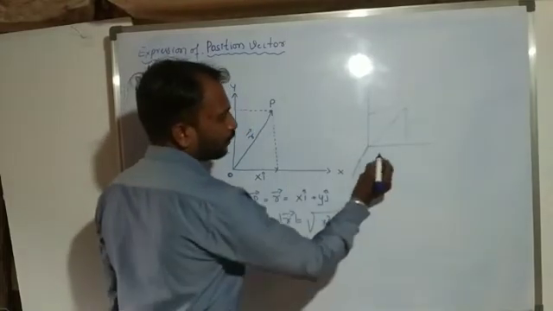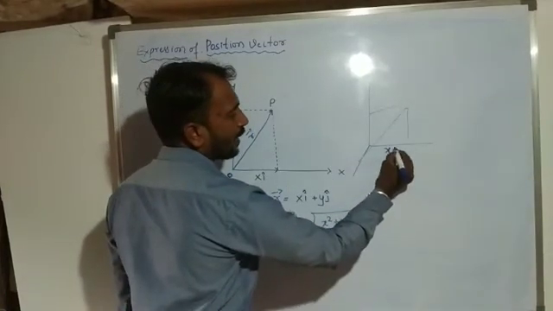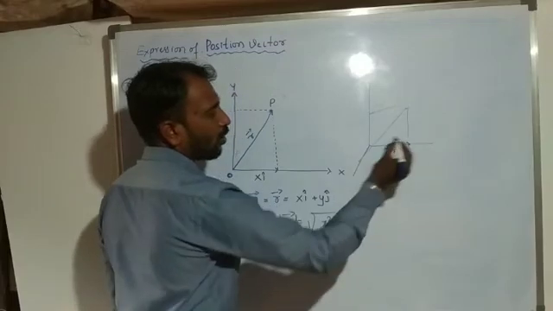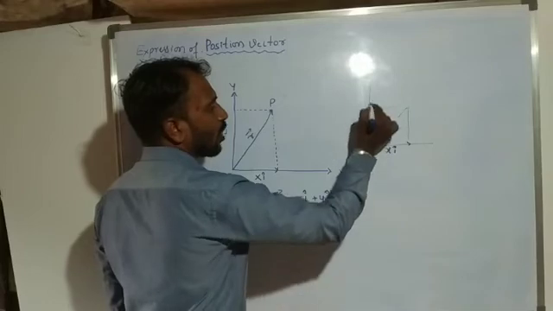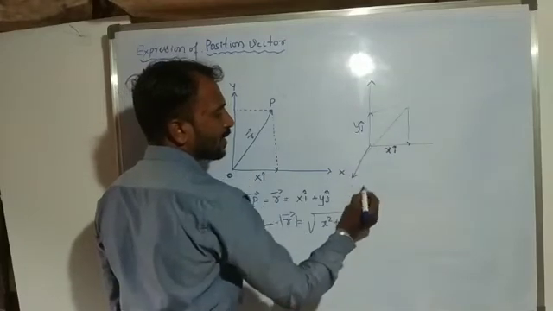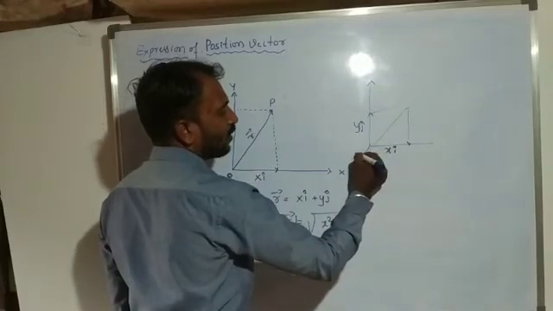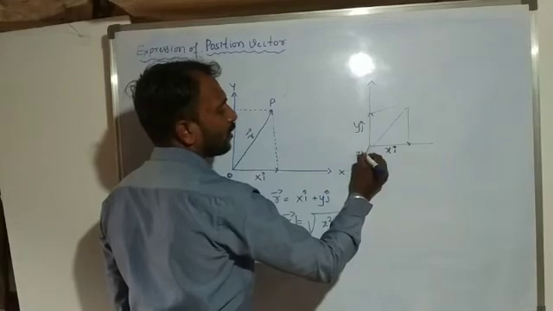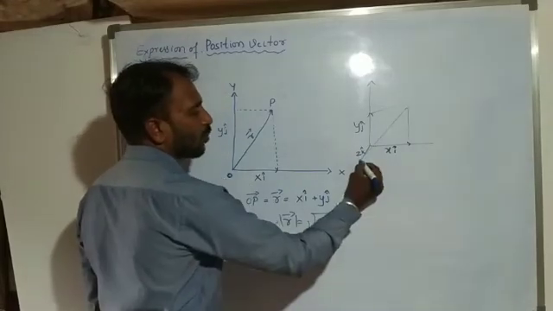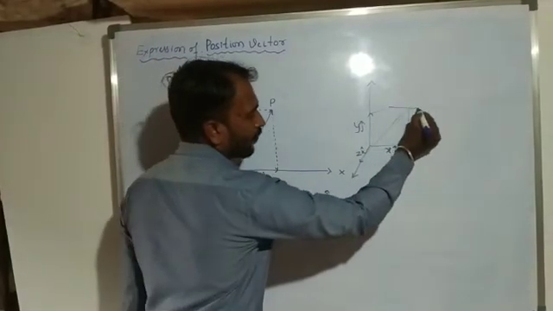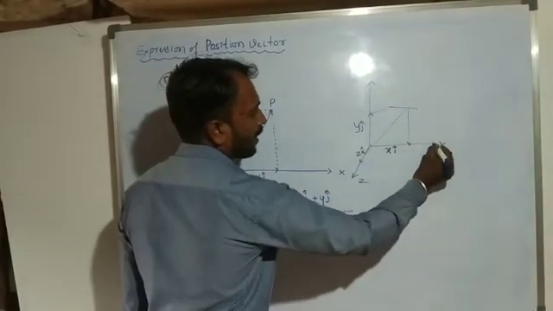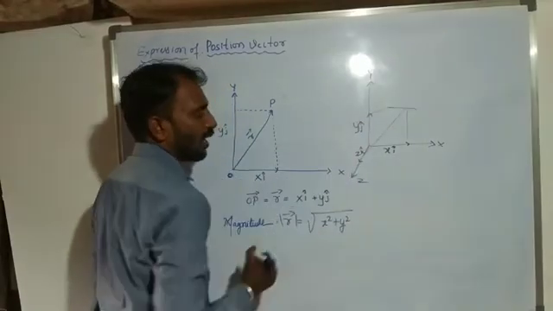So x i cap is the component along the x axis, y j cap the component along the y axis, and z k cap is the component along the z axis. This is the z axis, x axis and y axis.